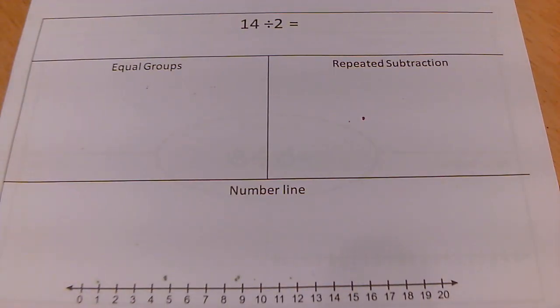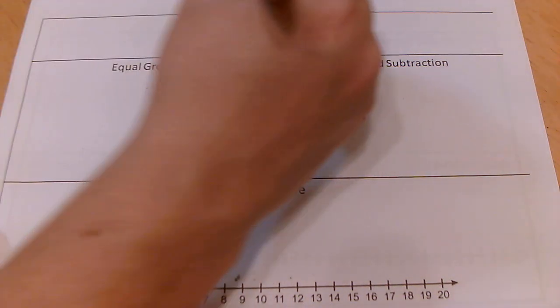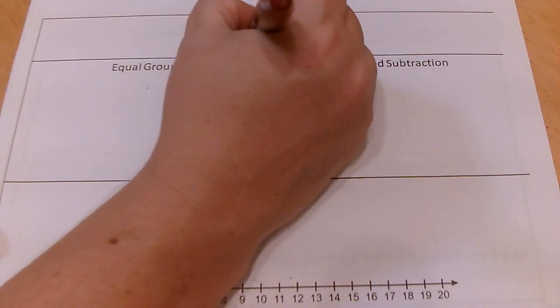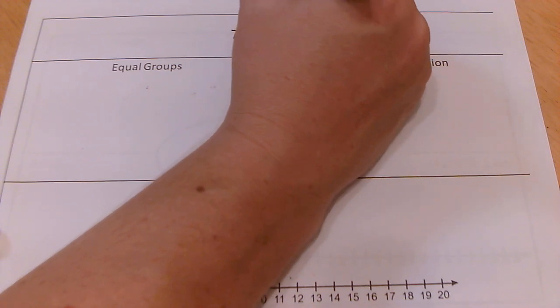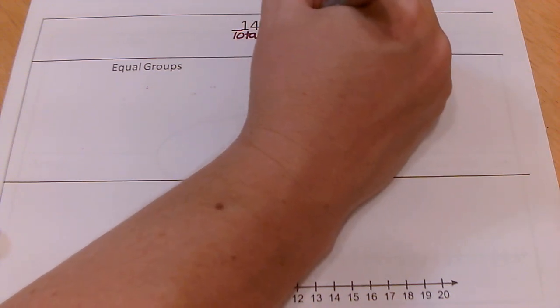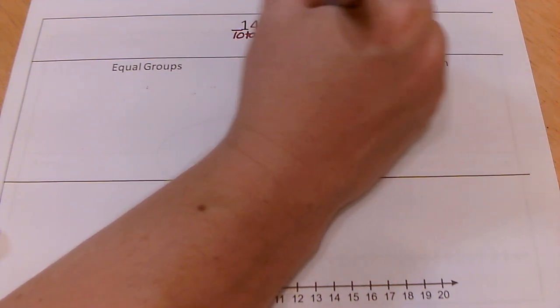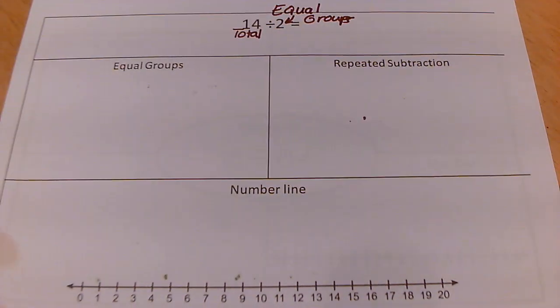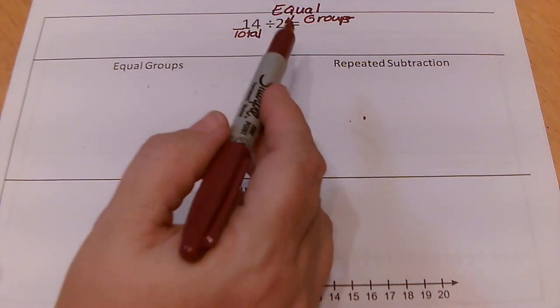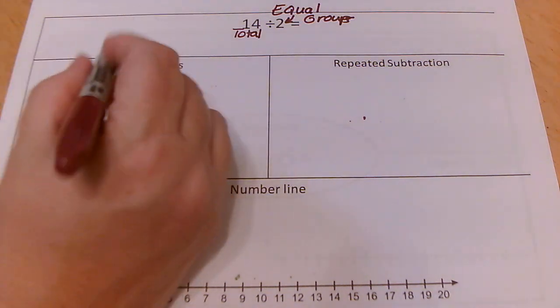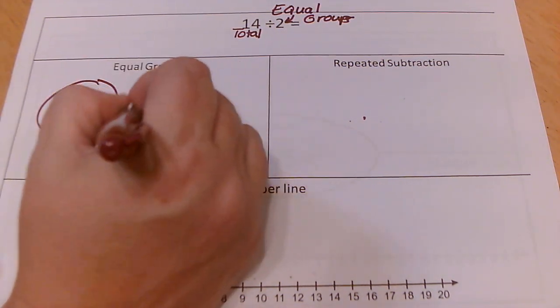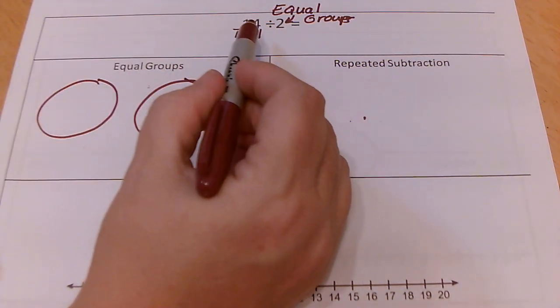So 14 divided by 2. Again, this is going to be my total. This is going to be my equal groups. So I'm going to start with how many groups am I going to make? 2. 1, 2. And then how many am I going to put in each group?